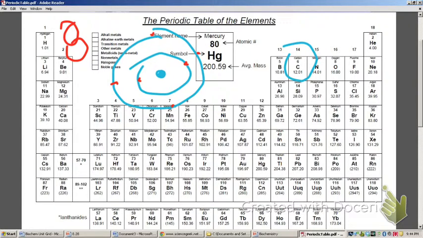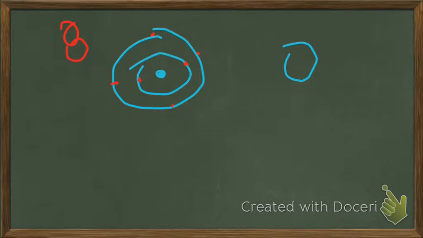So let me draw this out a little bit better. Let me clear all this off. Here we go. Right here in the center, we have our nucleus.